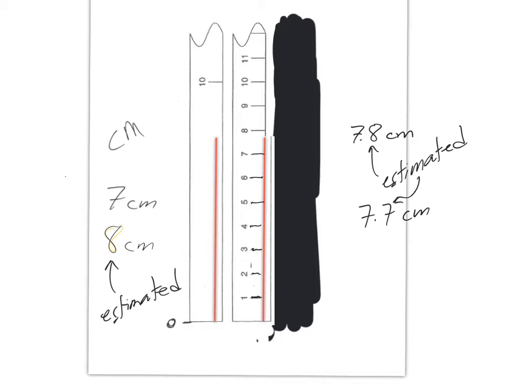Well, you just made an estimate that was a little bit different than mine. They're both valid measurements. All we're doing is making an estimation between the known graduation lines on this ruler.